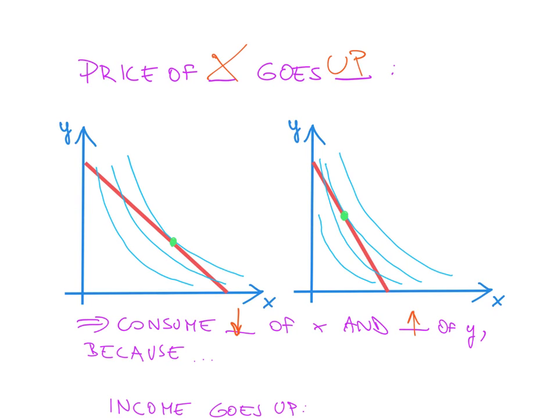So if I were to show the consumption bundle before the price change, it would be like that. And after the price change, it would be like that. So this is Y1, and this is Y2. And I think it's pretty clear from the picture that Y2 would be larger than Y1.